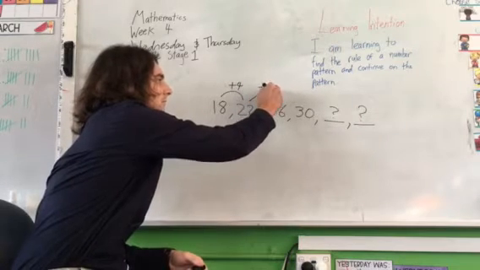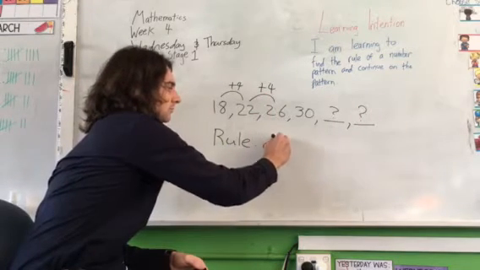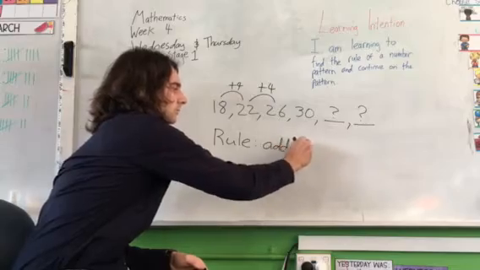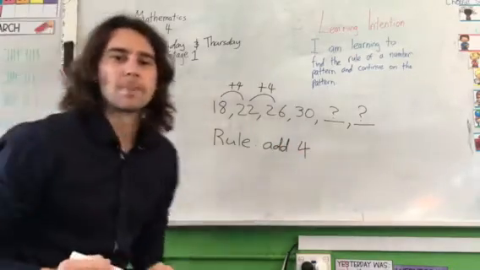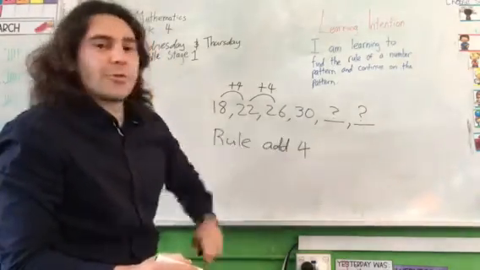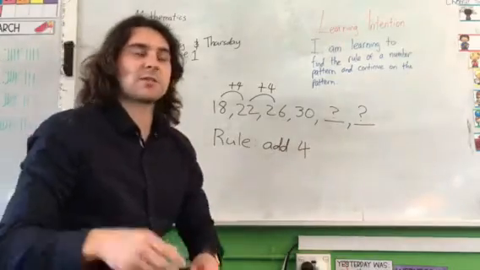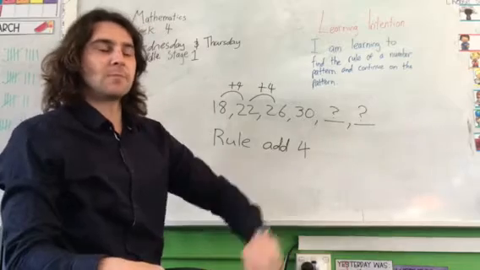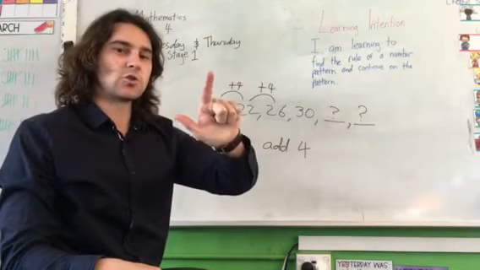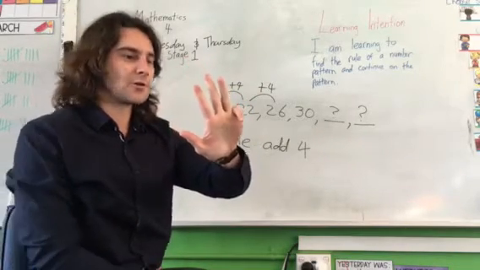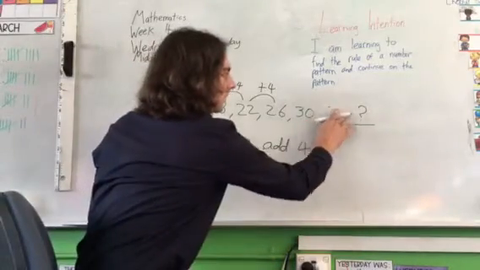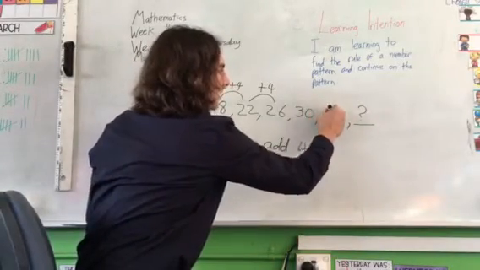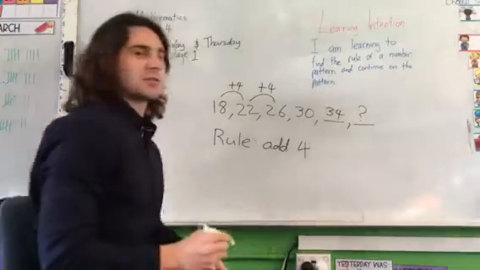I've now understood that the rule is add 4. So I can move now to 30. I'm going to put 30 in my head, and I'm going to count forward by 4. 30, 31, 32, 33, 34. I can now rub out my question mark because I know the next number is 34.